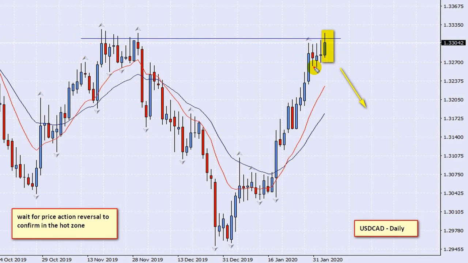Of course, we just barely got triggered in the trade, then the trade went up and stopped us out. So that's what's happened.